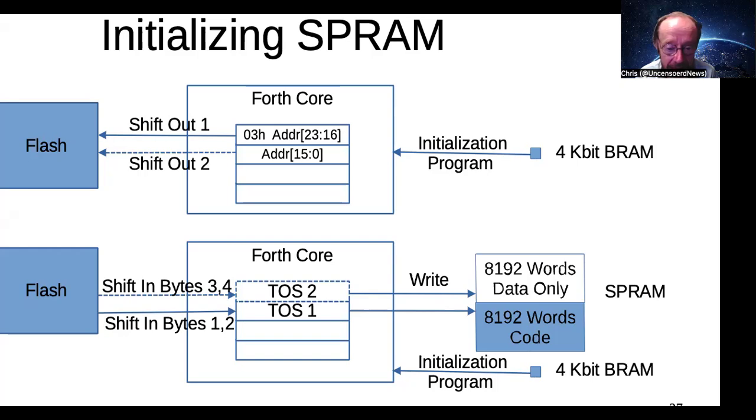And then if you look below, the data starts coming back in. We get basically two bytes and another 2 bytes, and then we can write that to the SPRAM. And then you basically just loop through this and do it again until you've copied it.